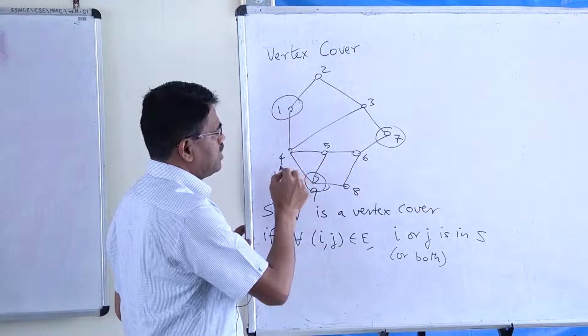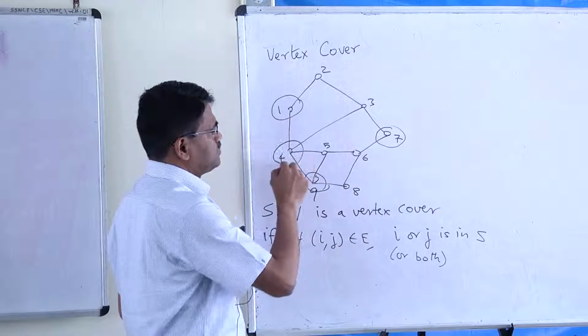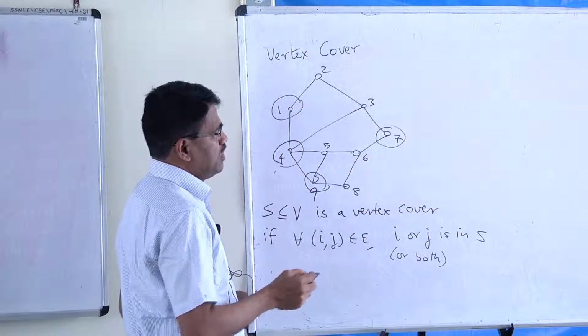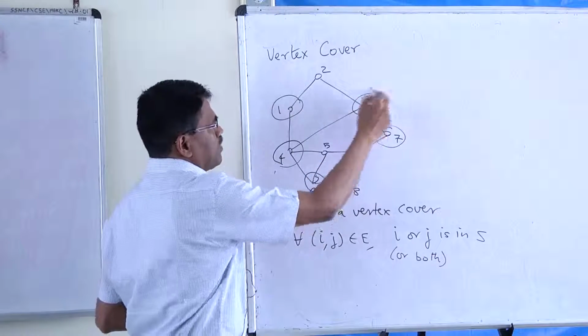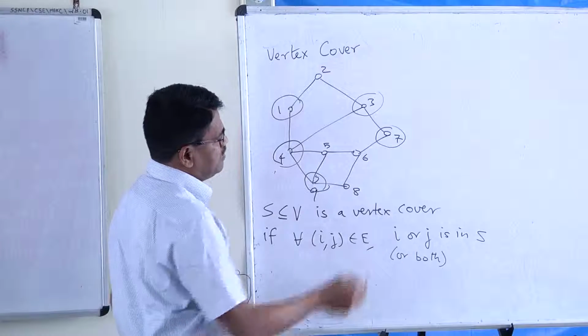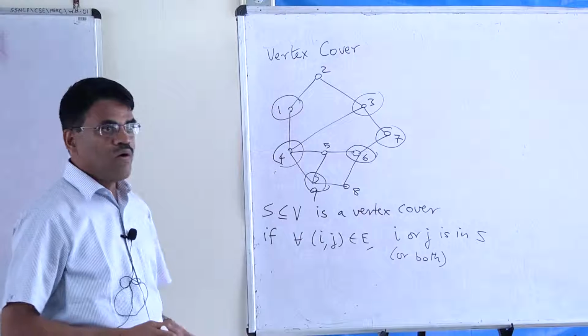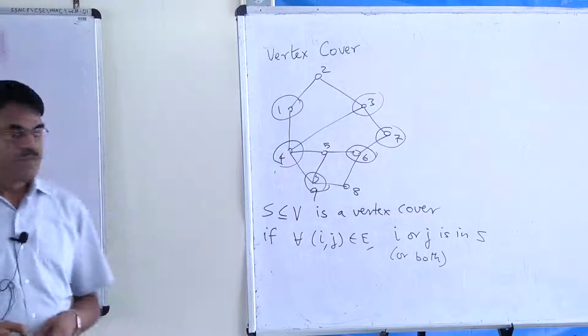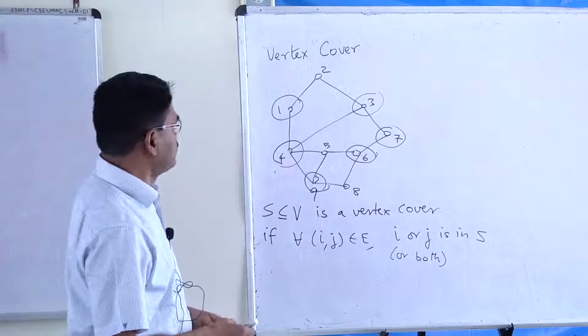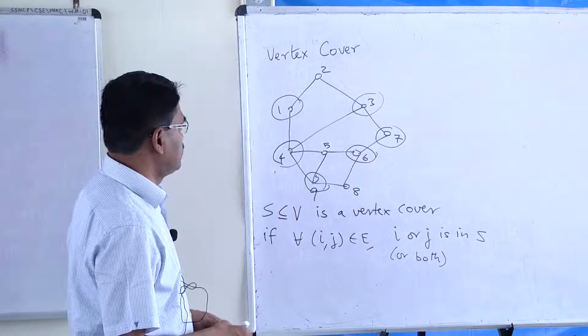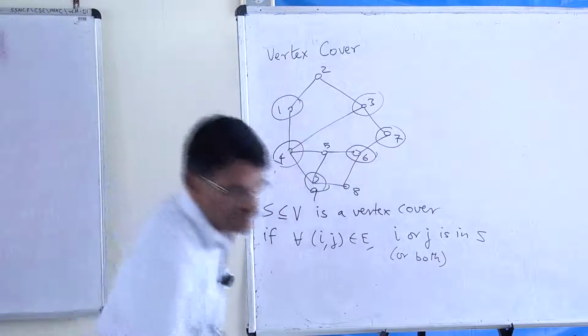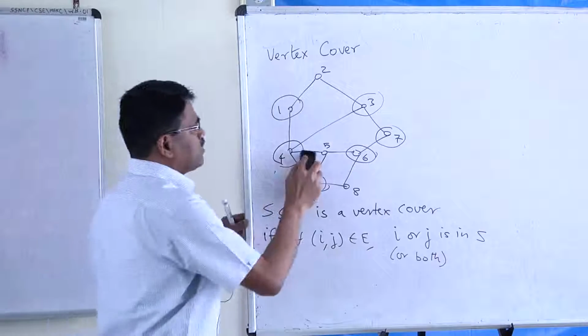So let's say I circle this. So maybe I just go and fix it. Someone says 4 is not required.